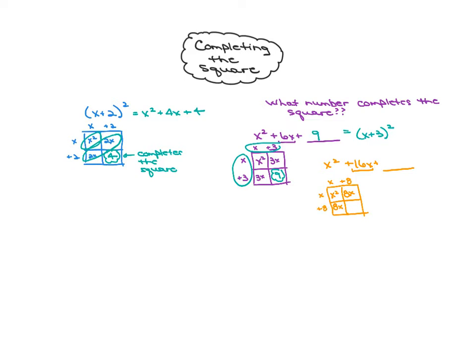And what completes the square? 64, 8 times 8. And the nice thing is now I have this trinomial, and in fact it's called a perfect square trinomial because it factors into x plus 8 times x plus 8, or x plus 8 squared.